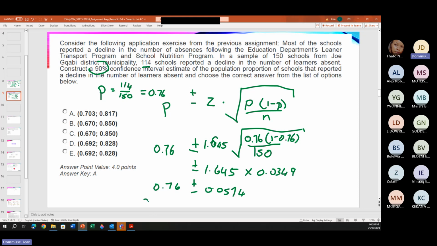I get 0.7026, 0.703 if we round it off, and then the top one is 0.8174, or 0.817 if we round it off. So basically we're sitting with option A as your answer.